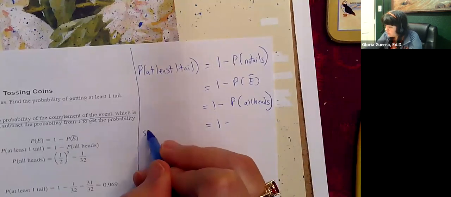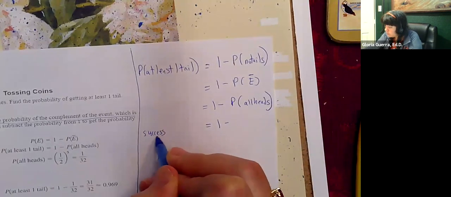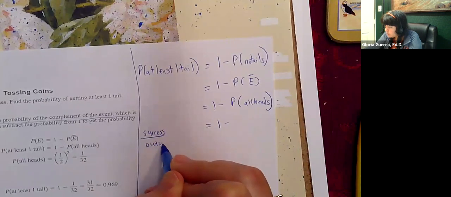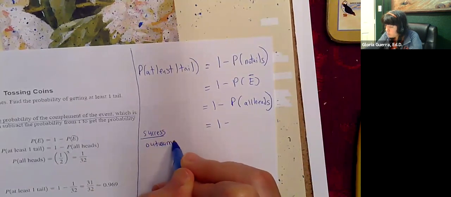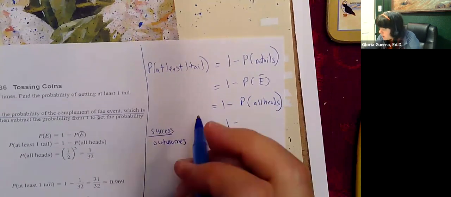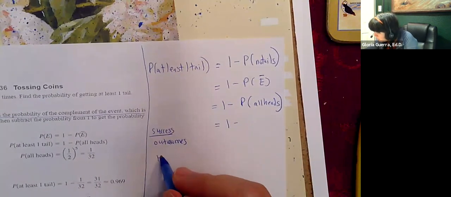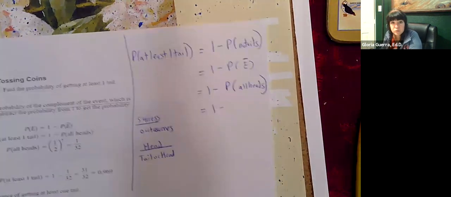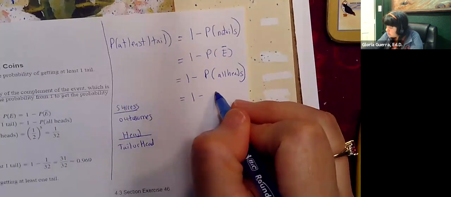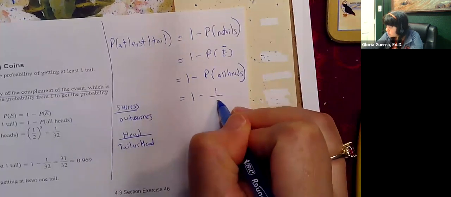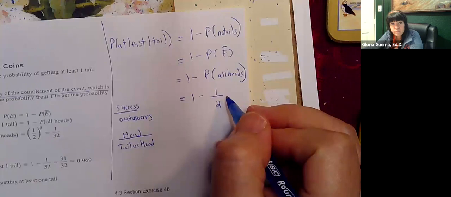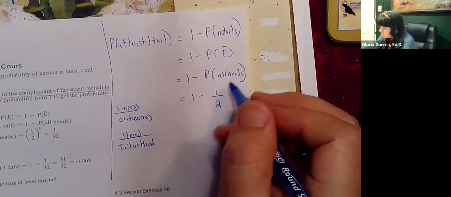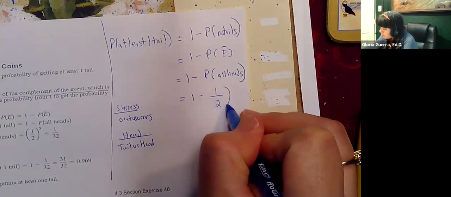Remember you have successes over outcomes. And remember, success would be a head, over, you either have a tail or you have a head. So that'd be 2, so that'd be 1/2. This is 1 over 2. And then you would use to the power of 5.